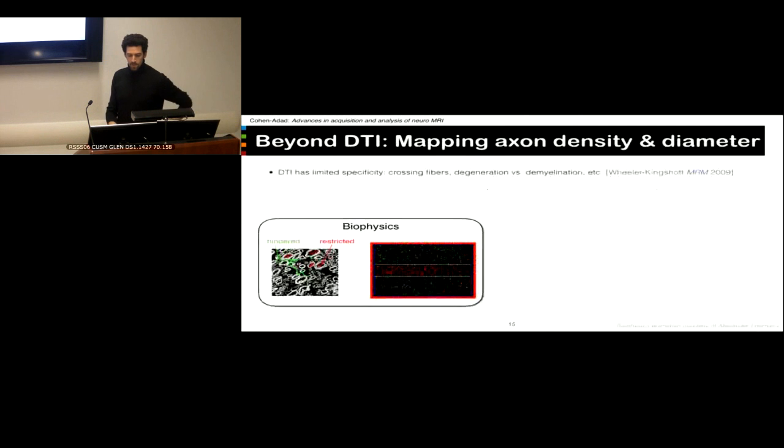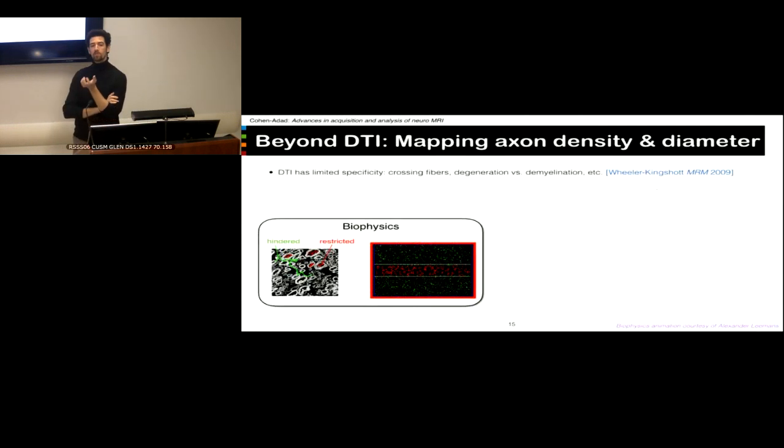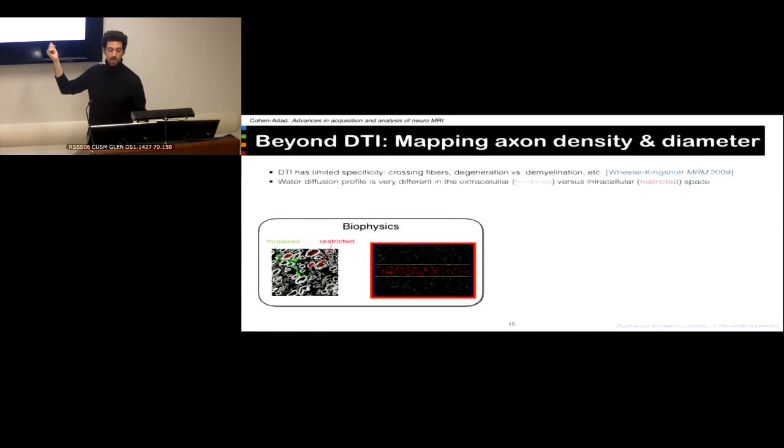Of course, the diffusion tensor is a simplistic view of how water molecules diffuse, because the central nervous system is a complex structure. There are a lot of crossing fibers and fanning. There are also different properties of the microstructure. So DTI alone cannot explain all of it.